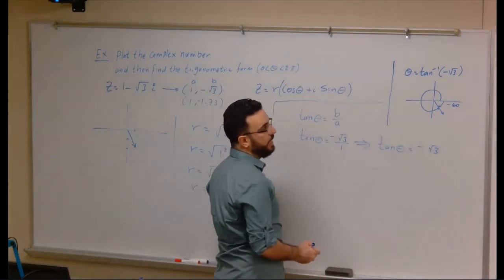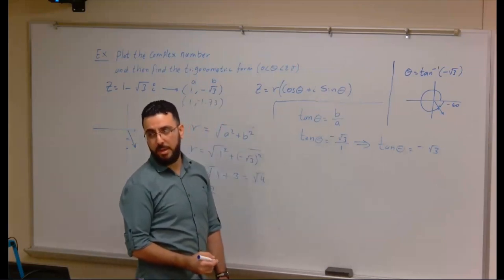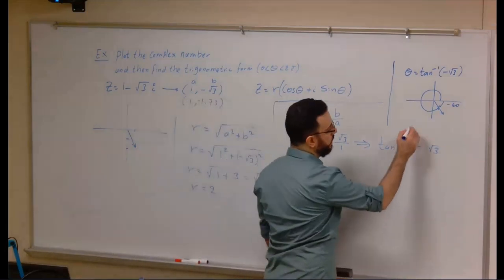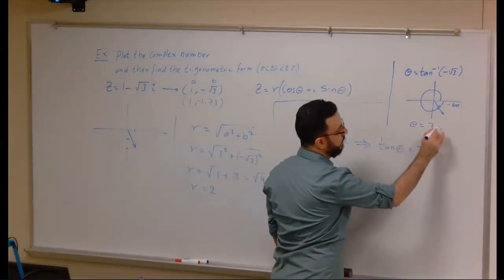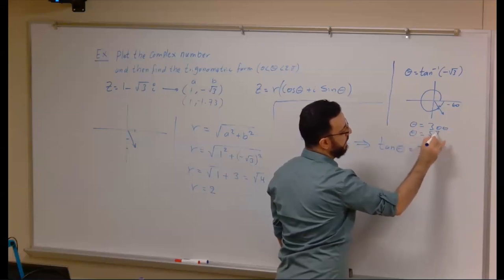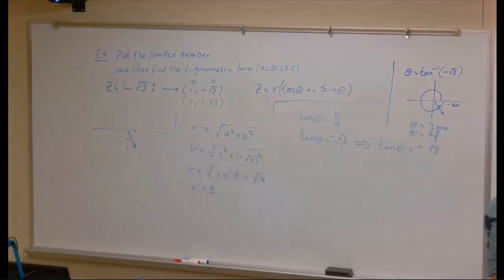So theta is 300. Is that 5 pi over 3? Yes or no? So you can say theta equals 300 or theta equals 5 pi over 3, depending on which mode you're going to write down, degree mode or radian mode. So negative 60 is right, but check what I did.